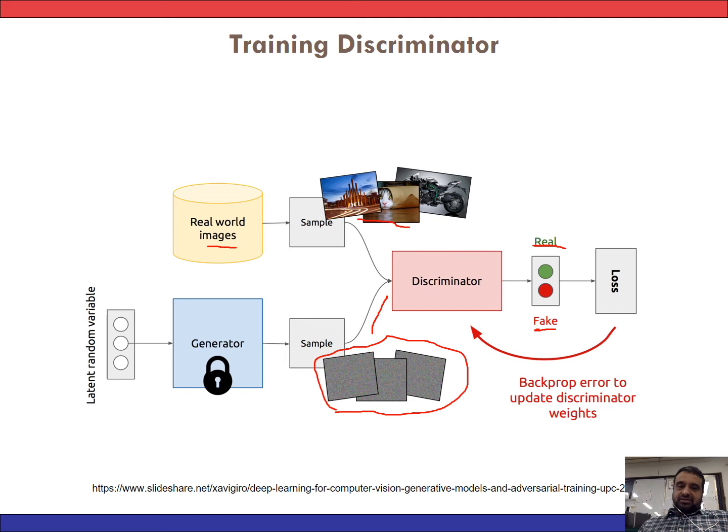So the discriminator discriminates between the real images and the fake images, and this is the objective function. We minimize this objective function and use the backpropagation algorithm to train the parameters of this network, and at the same time we are not training the parameters of the generator in this pass.